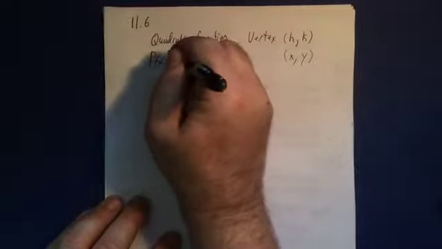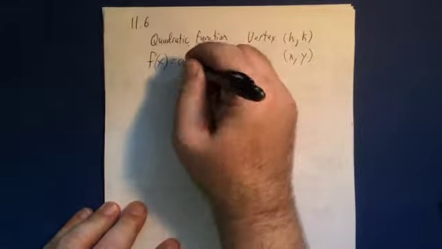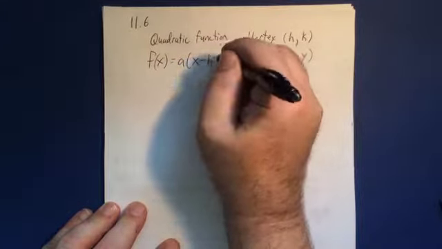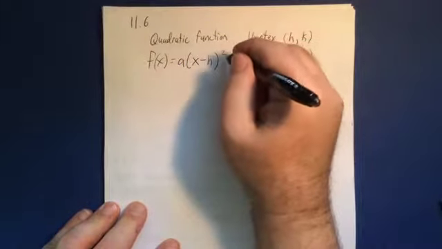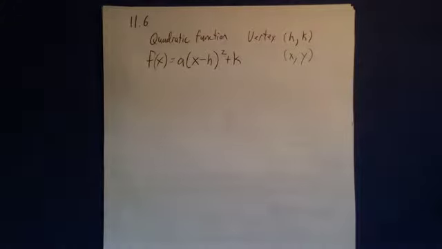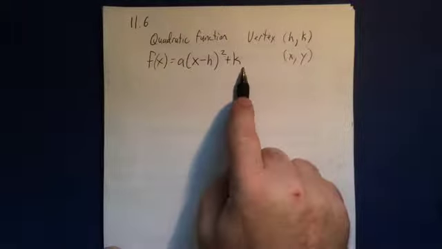So f of x, which you can also write as y, but we'll keep it from what's in the book here, is going to be equal to a times (x minus h) squared plus k. In section 11.7, we're going to take the quadratic equations that we've been using up to this point and convert them to this form.